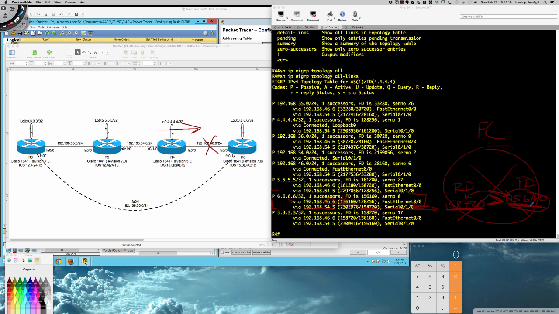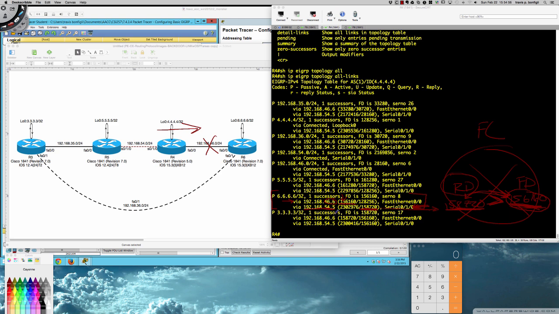And so again, that's why the reported distance has to be less than the feasible distance, because that and only that will guarantee that it's impossible for the route to be going through and using that router as its transit point to get to 6.6.6.6. And hopefully that makes sense.